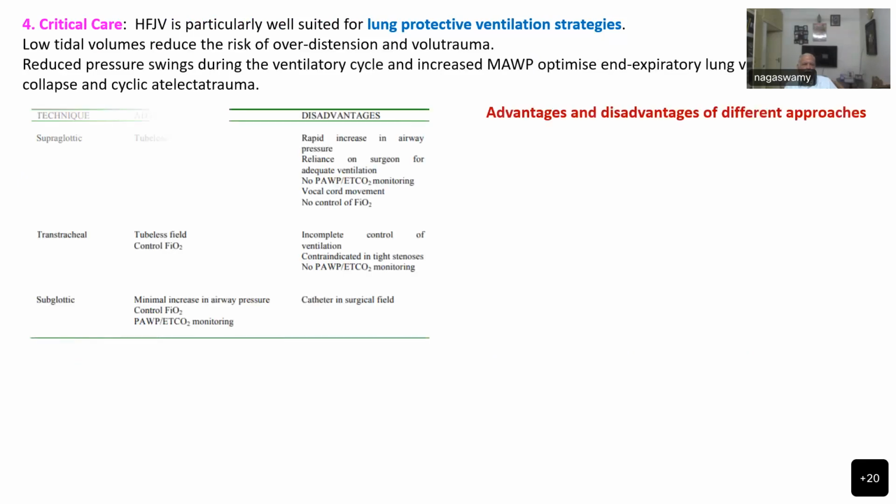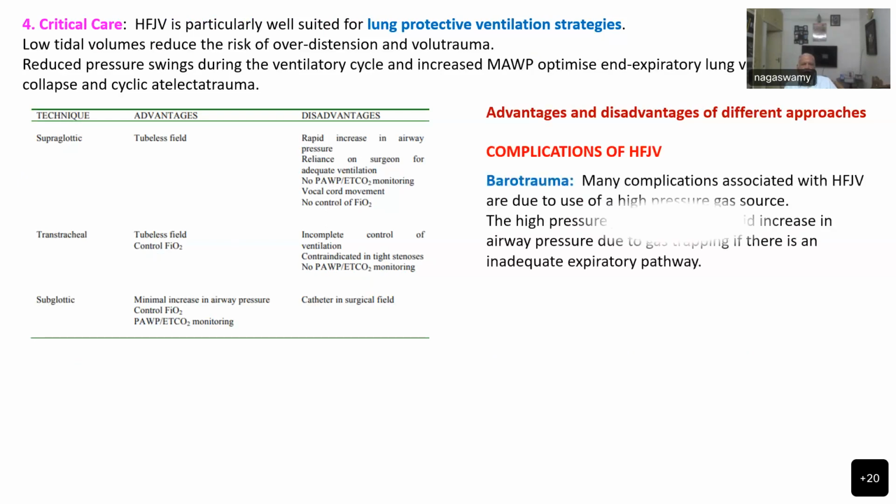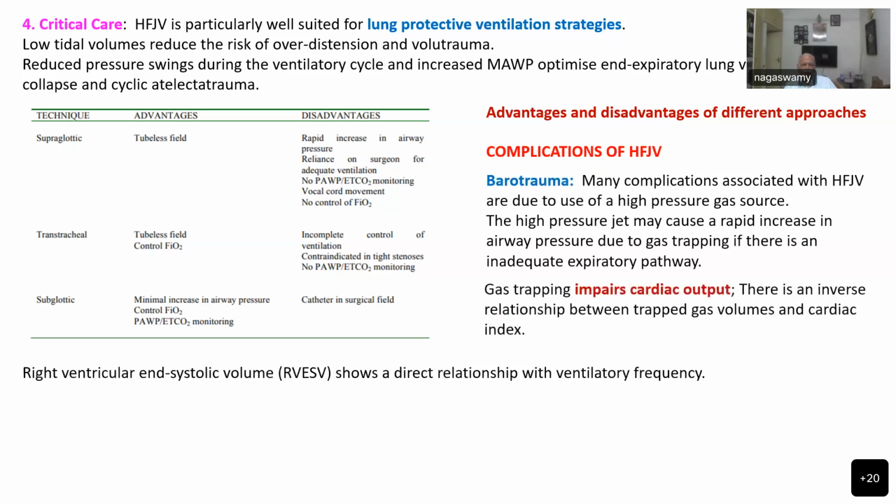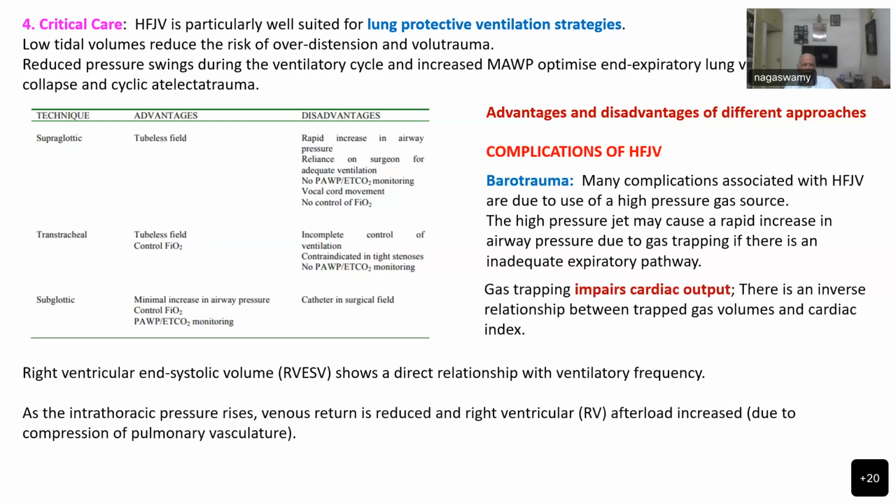The advantages and disadvantages depend on the placement where you deliver the frequency ventilation. One is supraglottic, transtracheal or subglottic, and supraglottic and transtracheal are tubeless. Subglottic, minimal airway increase where you have to pass a catheter to be in the field. And complications, barotrauma, gas trapping, which can impair cardiac output, especially right ventricular and systolic volume will be affected.